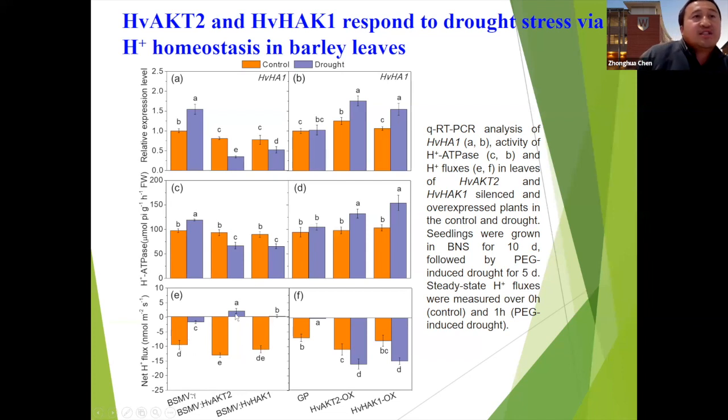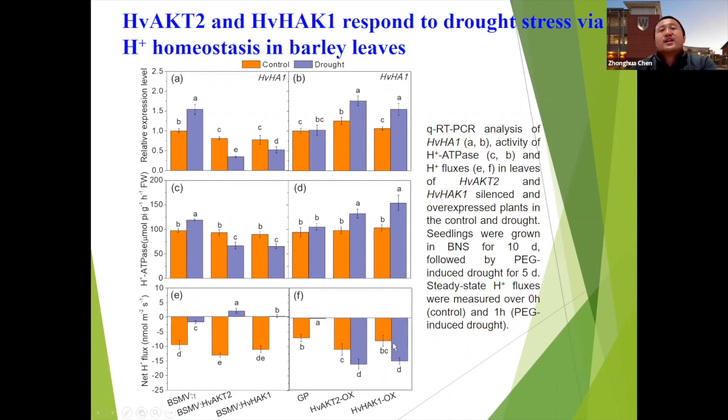However, the silencing of those two genes leads to a positive or net zero flux. So the pump activities are significantly affected in those silenced lines.